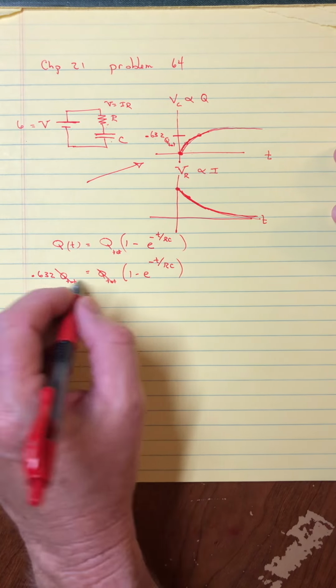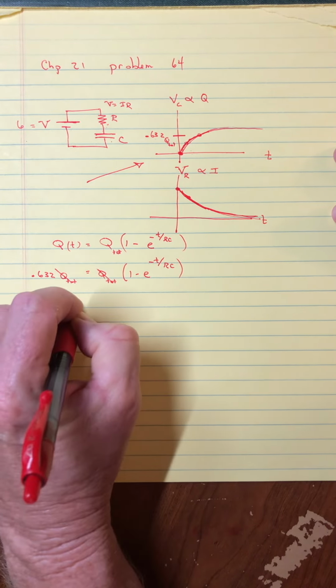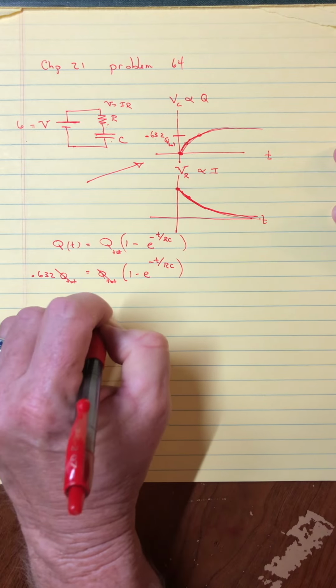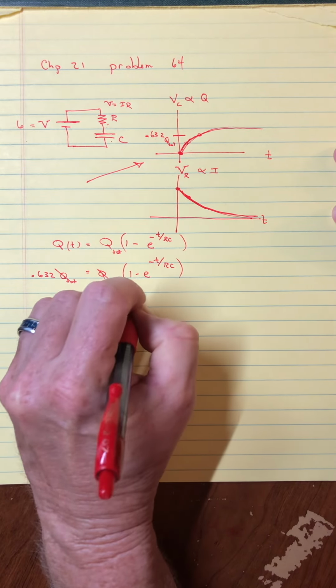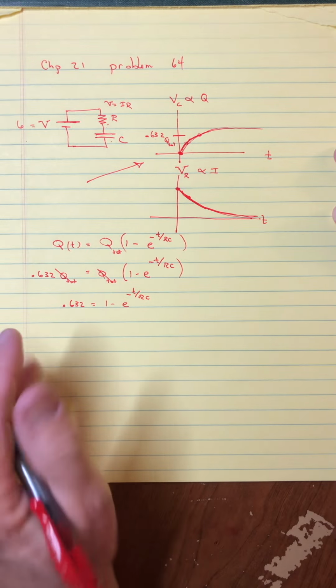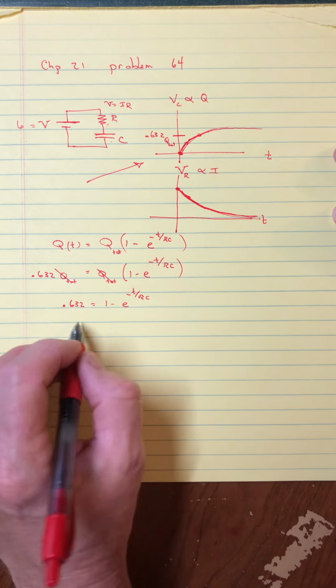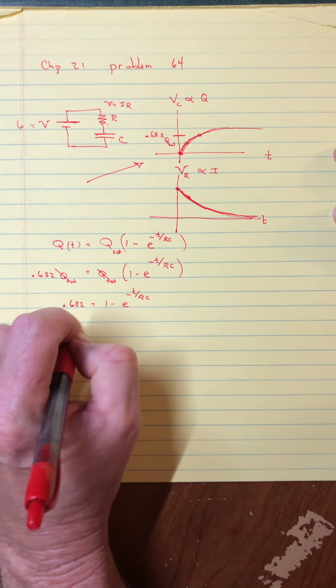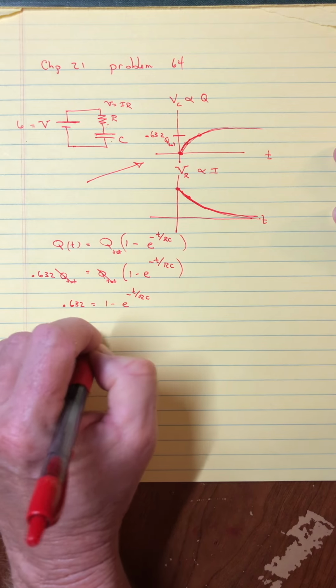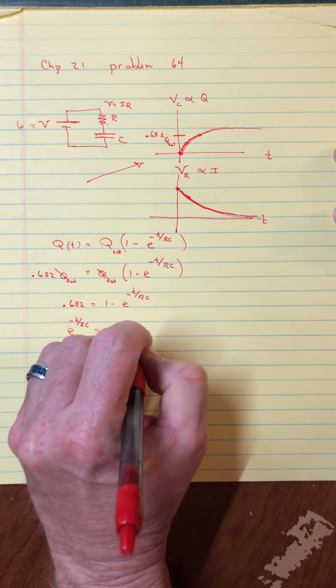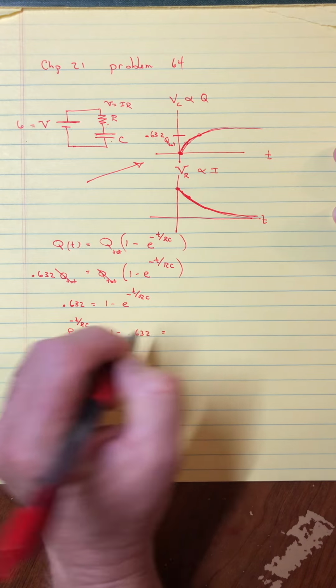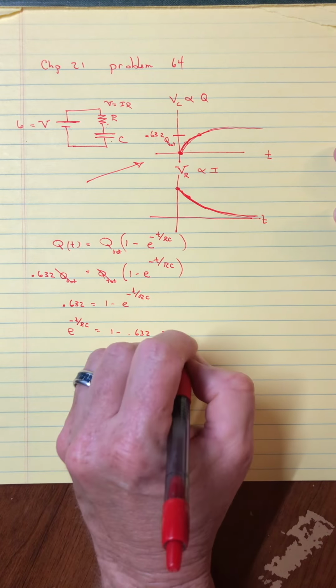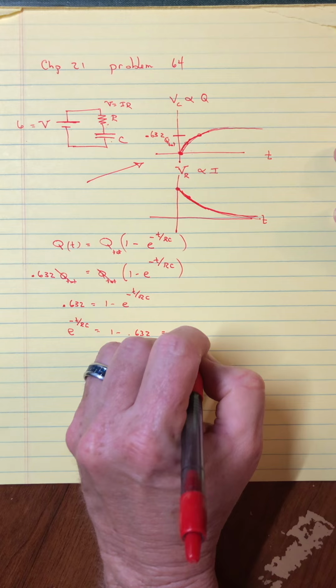And so that way it cancels off, and we have 0.632 equals 1 minus e to the minus t over RC. Where if we then rearrange it, this becomes e to the minus t over RC equals 1 minus 0.632.